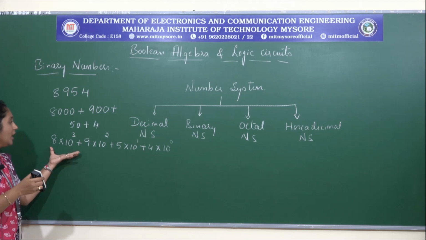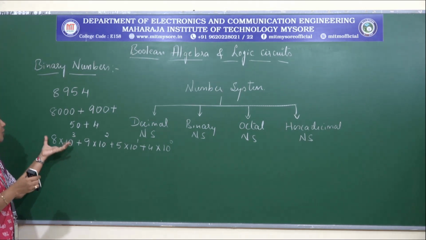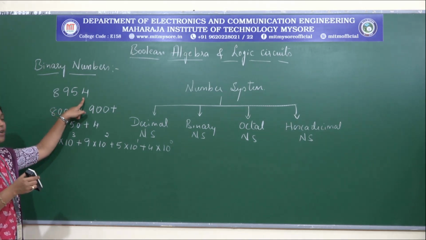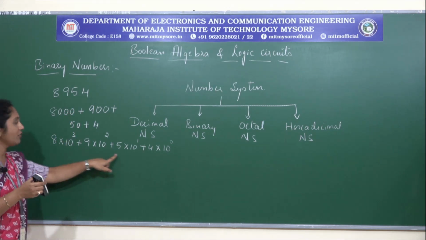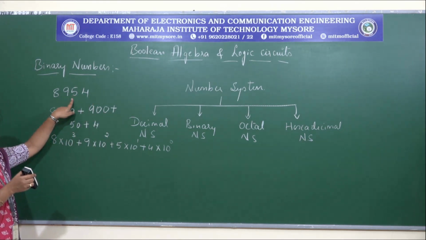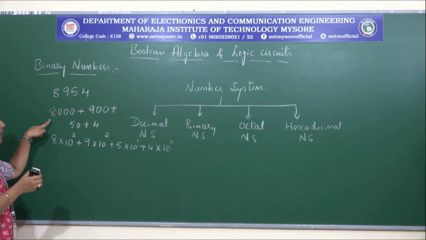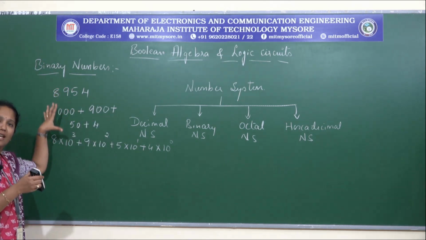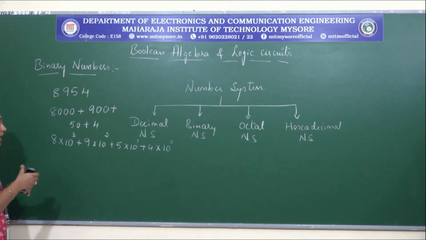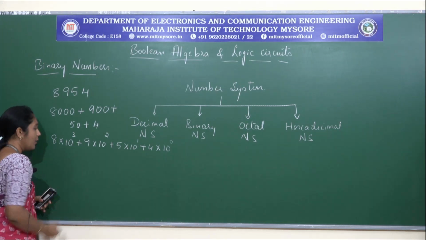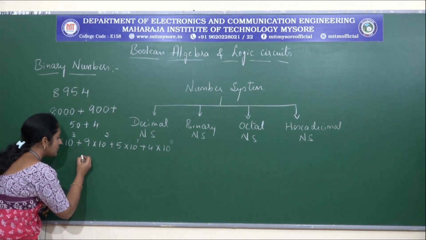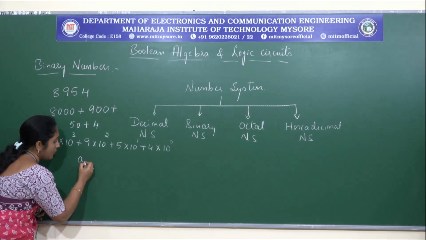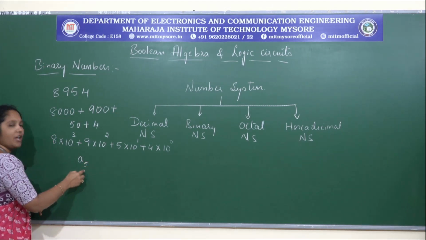If you observe carefully, we have some coefficients here. We are not using the powers of 10 to represent the number in the compact form. Instead, we are using only the coefficients to represent any number. Therefore, in general, we can represent the number in terms of coefficients. Let me start from A5.